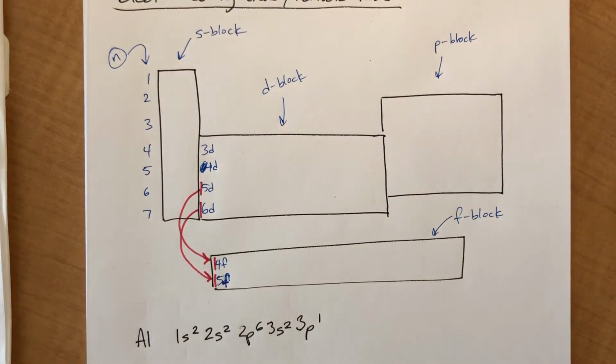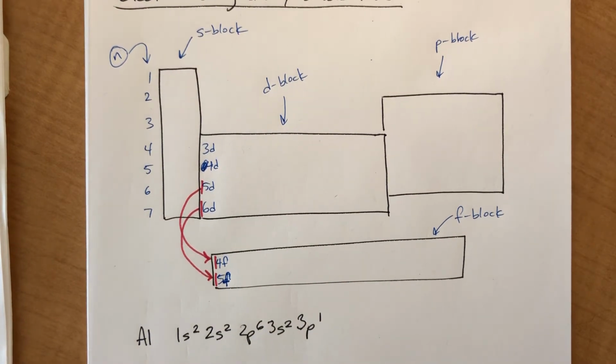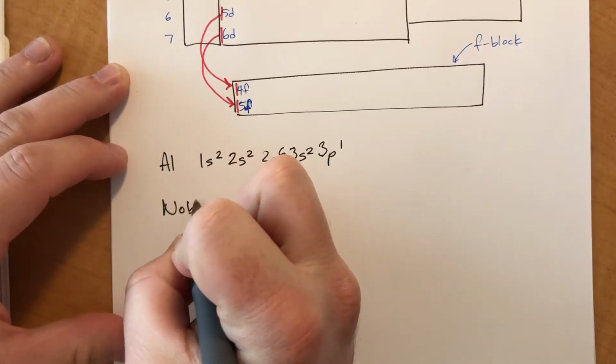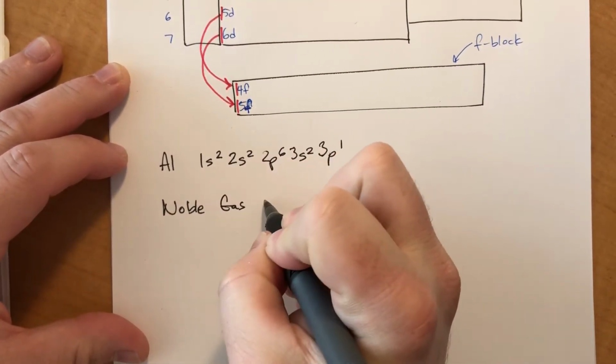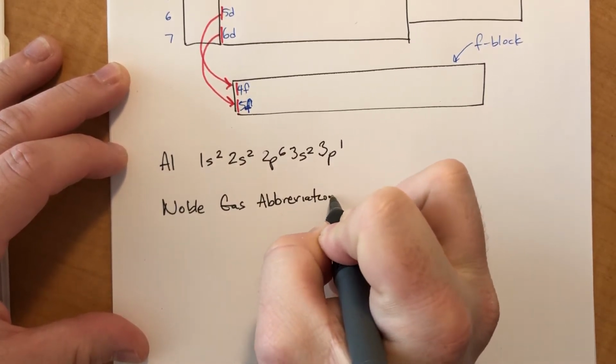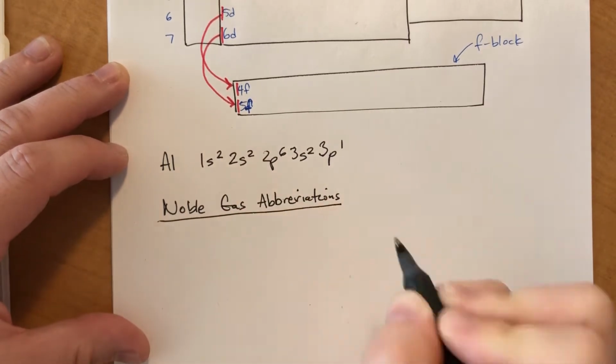Okay, so you'll also notice that this is taking forever. So I'm also going to introduce one more concept while we're talking about the periodic table. I'm going to talk about noble gas abbreviations. I encourage you to use these for pretty much everything. It actually makes life significantly easier.